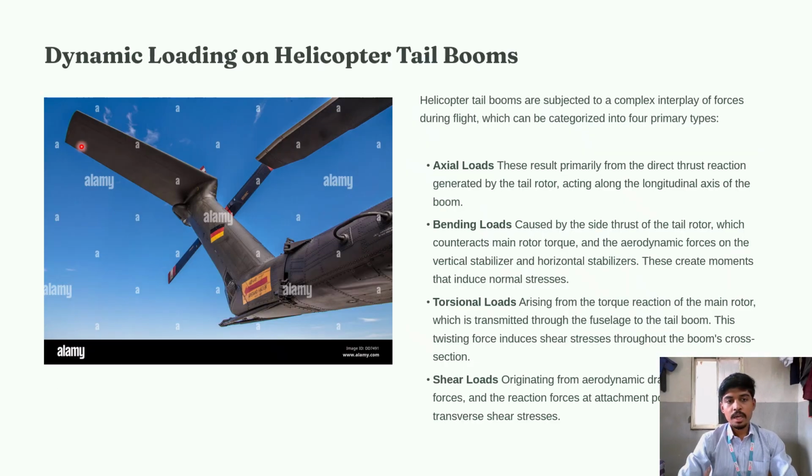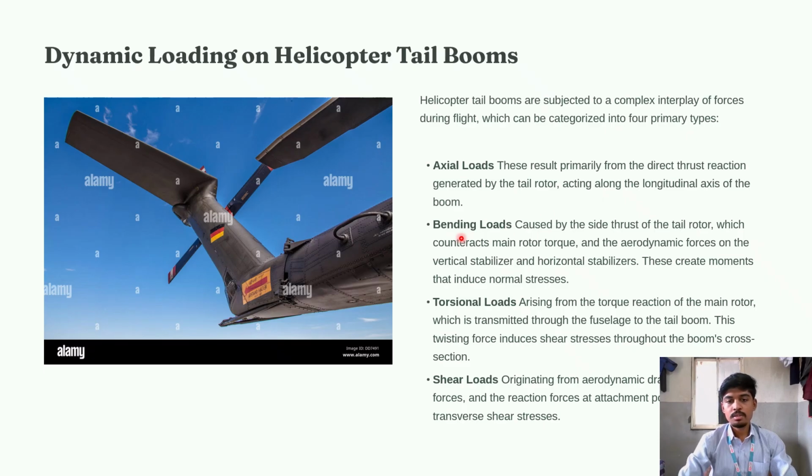Then, what is dynamic loading on helicopter tail booms? Helicopter tail booms are subjected to a complex interplay of forces during flight, which can be categorized into four primary types. First, axial load. Axial load results primarily from the direct thrust reaction generated by the tail rotor acting along the longitudinal axis of the boom.